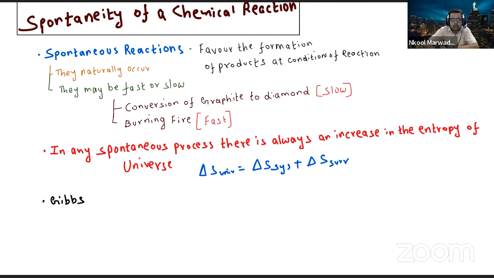So we are already aware of the Gibbs free energy, like some very bullet points we will discuss also. So whatever we have seen, we can say that Gibbs free energy is the free energy available to do work.